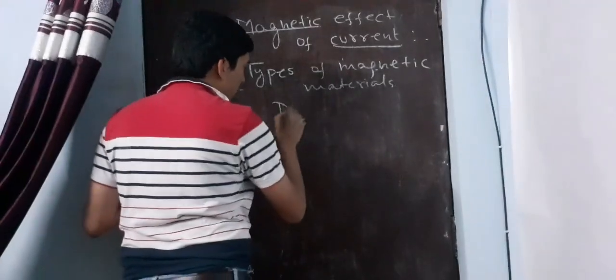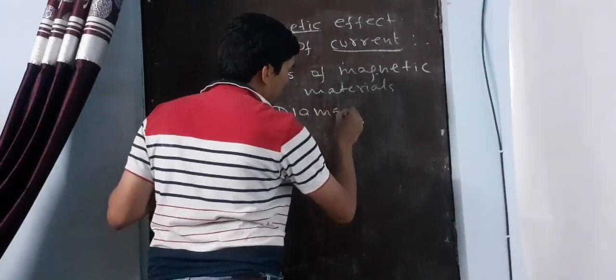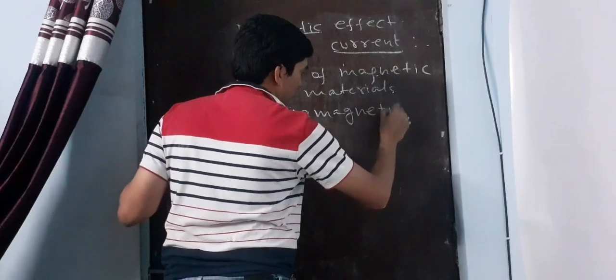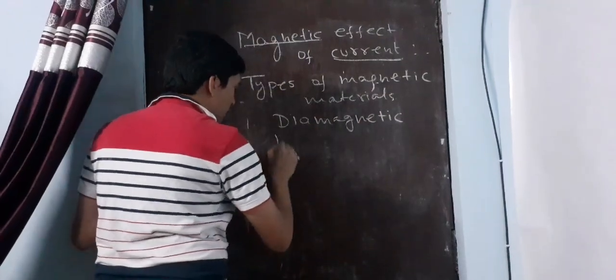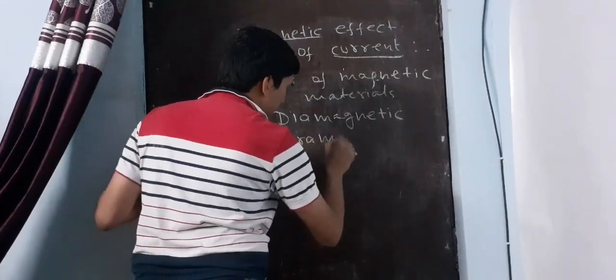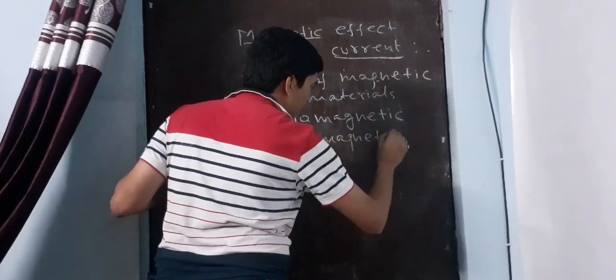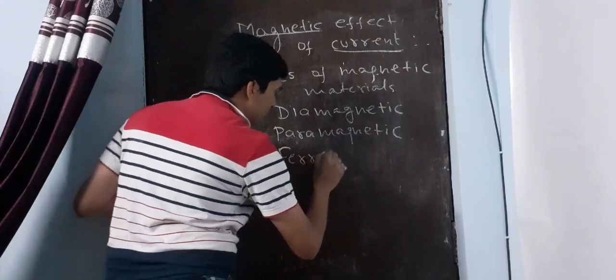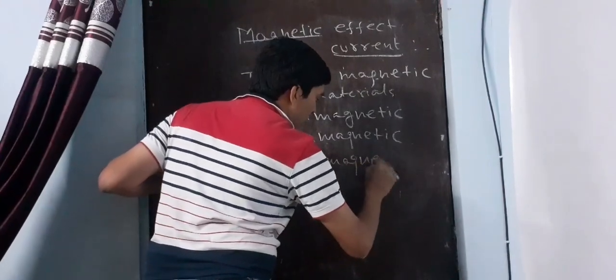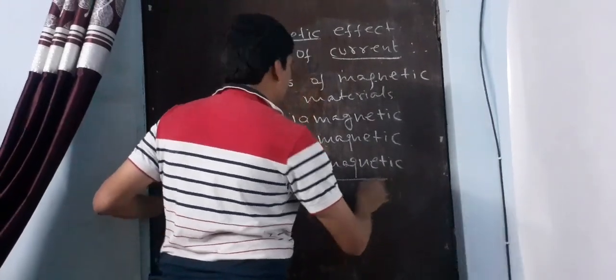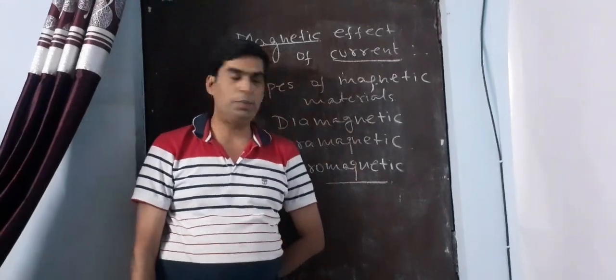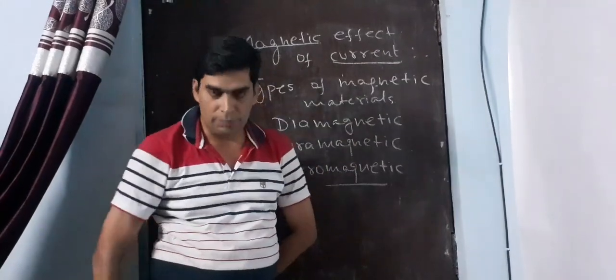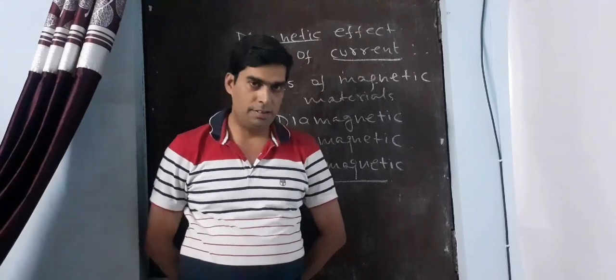First is diamagnetic material. Second is paramagnetic material. And third is ferromagnetic material. We will go for the introduction of these things because they are not given in our actual syllabus in secondary class.